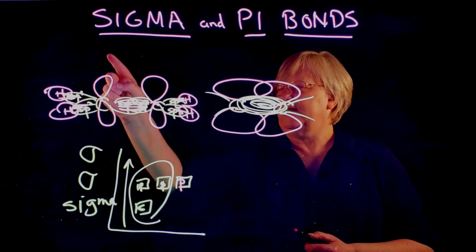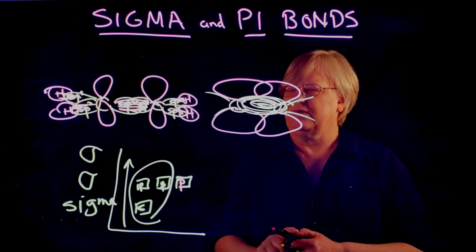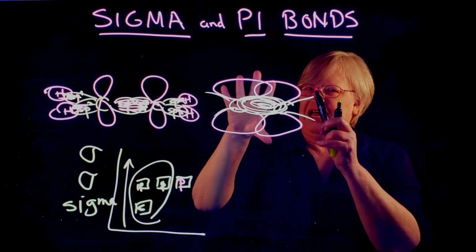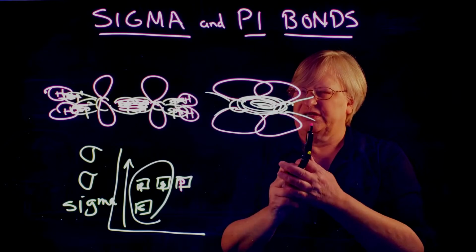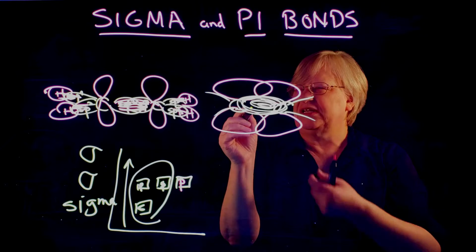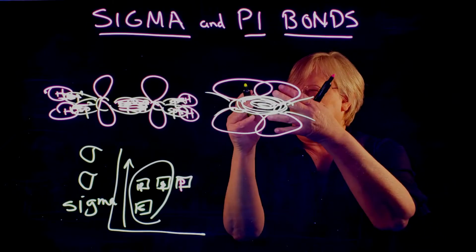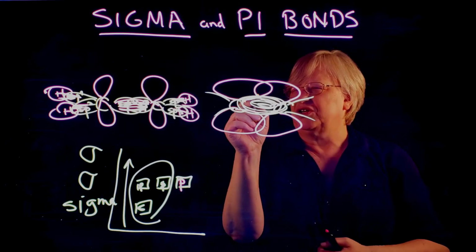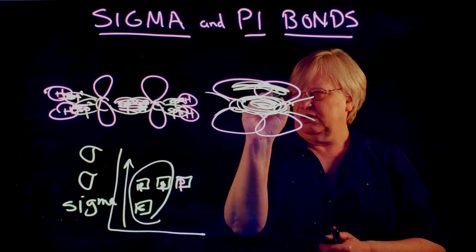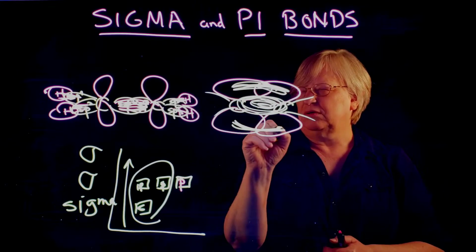They're not quite as vertical as we make them out to be when we draw them usually. They are more short and fat and close to the nucleus. So if we draw them a little more realistically, we can see that they actually come very close to each other, and we can draw an overlap here and an overlap here.